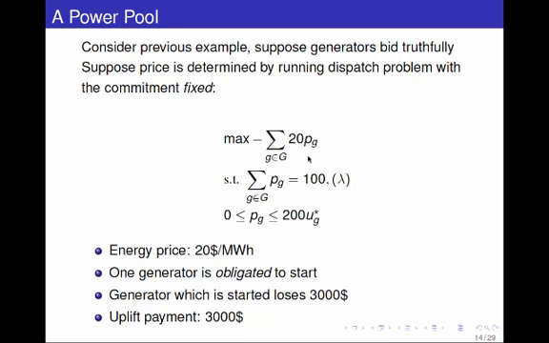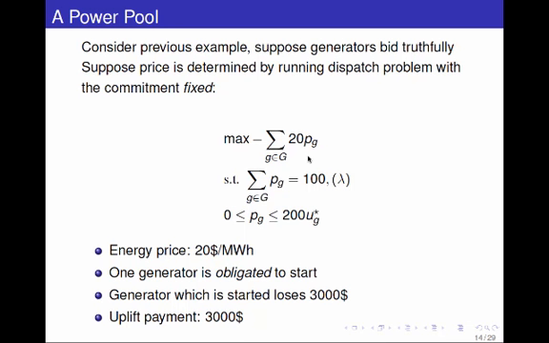You can compute uplifts after you receive their data. So you look at their data, everyone bid 20, and they have also bid their true startup cost, which is 3,000. You notice that for those guys that are off, 20 wasn't good enough for them to make a profit, so you don't have to pay them any uplift. Because with an energy price of 20, their best reaction would have been to stay off, which is what they did anyway from the unit commitment solution.